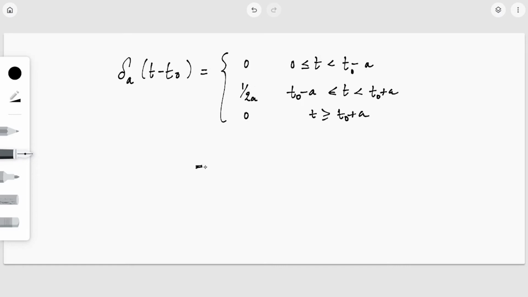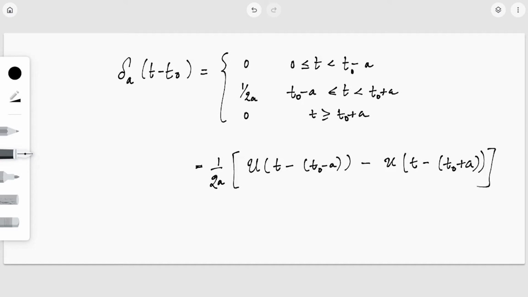So I can write this as 1 by 2a into the unit step function of t minus, instead of t minus a we have here t dot minus a, minus the unit step function of t minus t dot plus a. So this is how you can express the unit impulse function in terms of the unit step function.